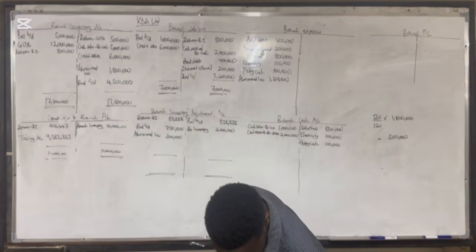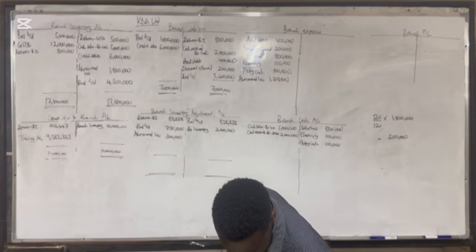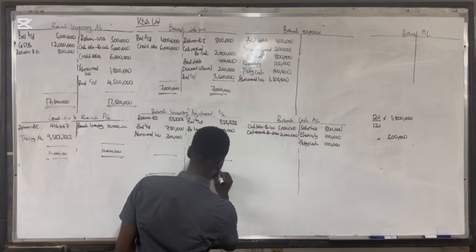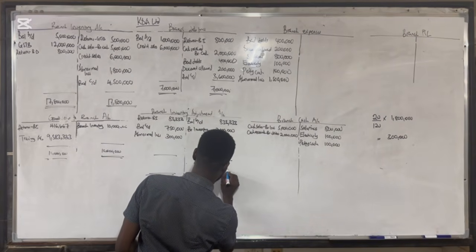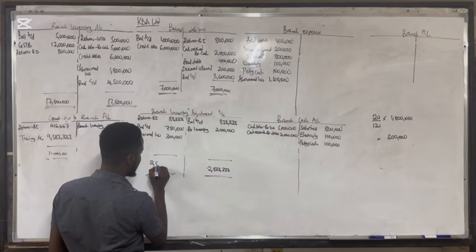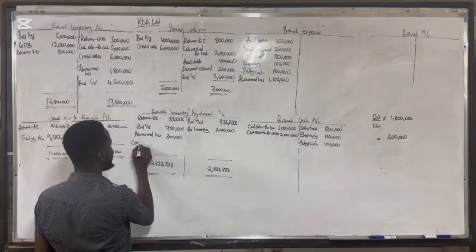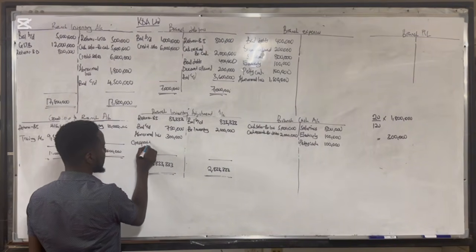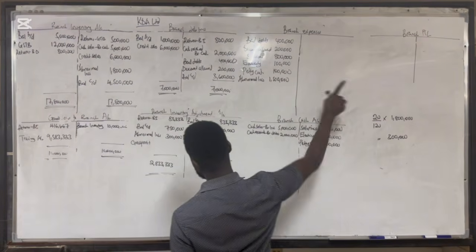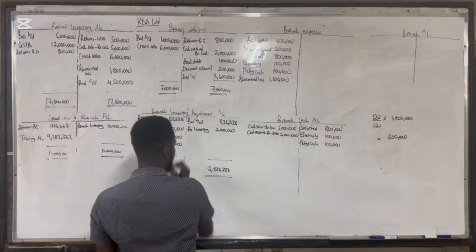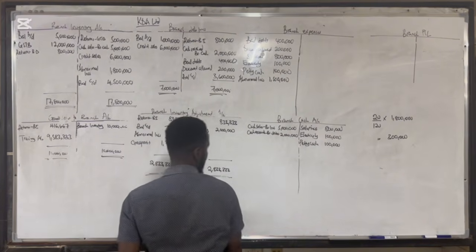If you see how our branch inventory adjustment account is working out, we are going to get 2,833,000 like this. The same applies this side. And then our gross profit that we're going to take straight to the branch profit and loss is going to be 1,700,000. So that's the gross profit that we are getting.